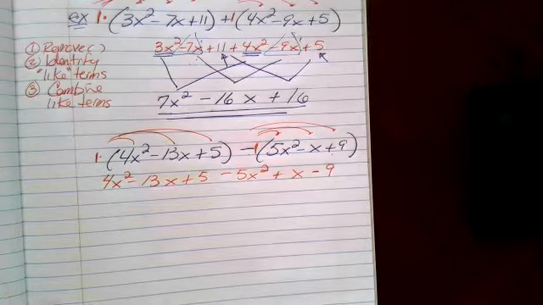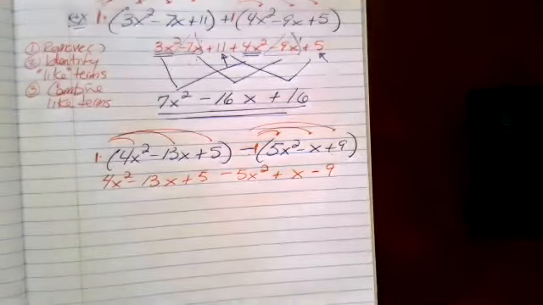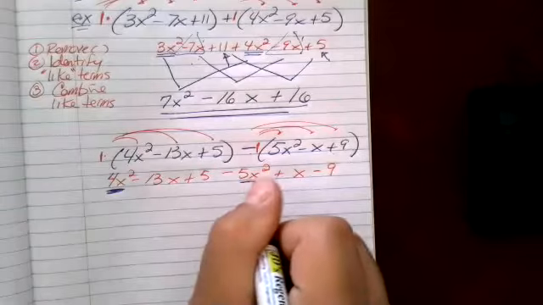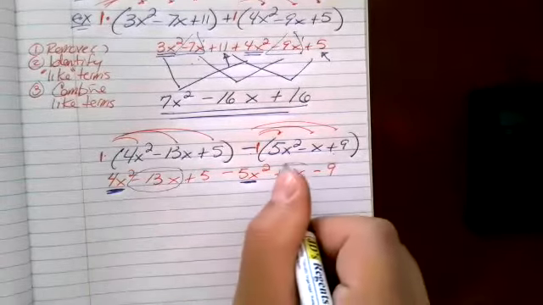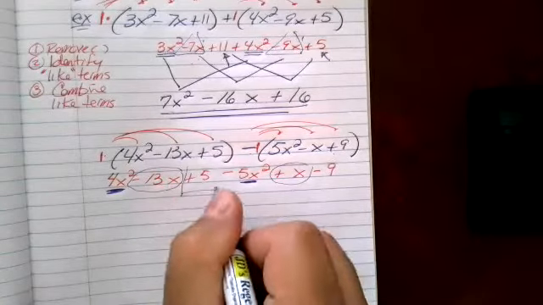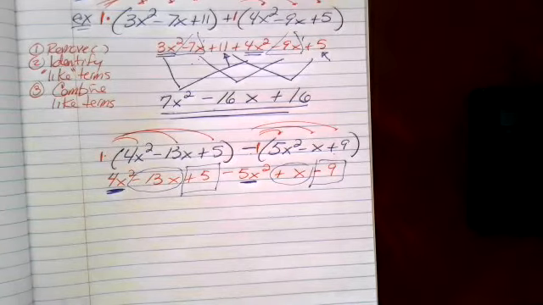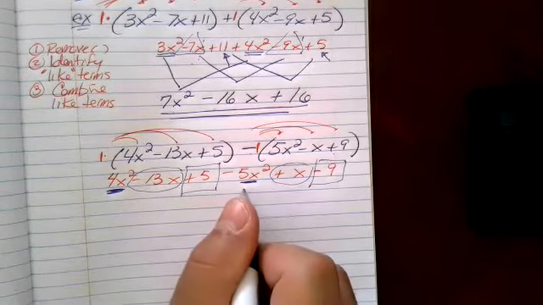Once we distribute what's on the outside, our -1 and our +1, we want to identify our like terms. So I'm going to put my x squareds together. I want to put my x to the first power together, and I want to put my constants together. Then I can combine my like terms.